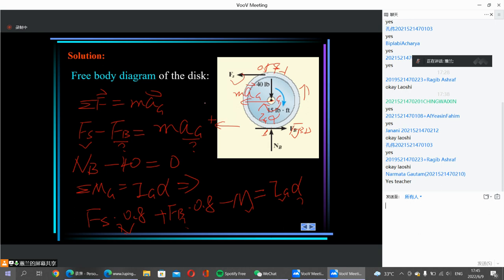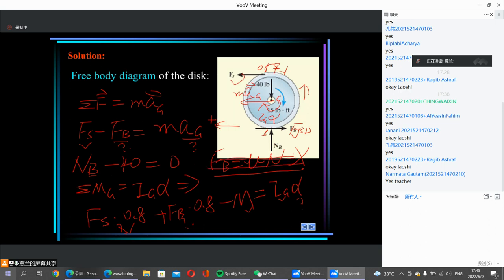We have 3 equations, right? We have N is given, so Fb, AG, Fb, alpha. Can we find them? Can we use Fb equal to mu N? No, because we don't know whether it reached the maximum static friction force or not.